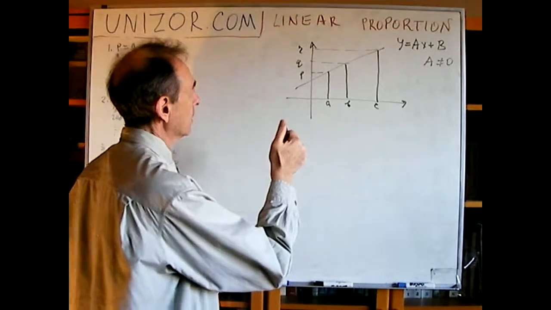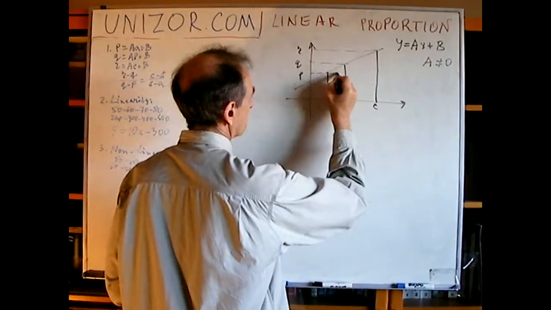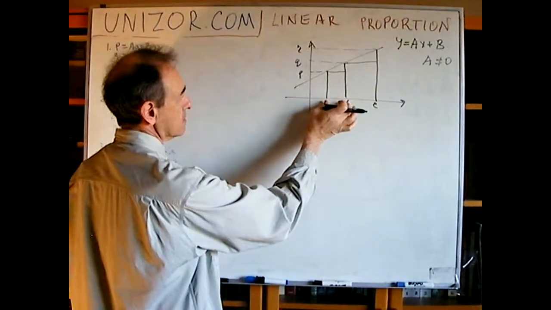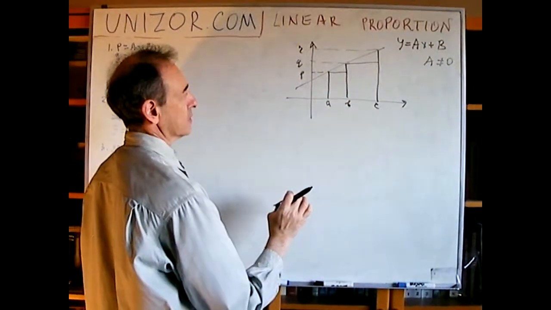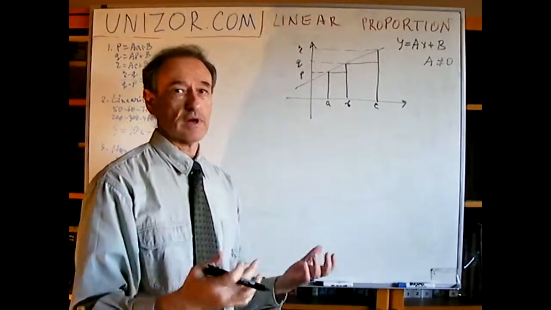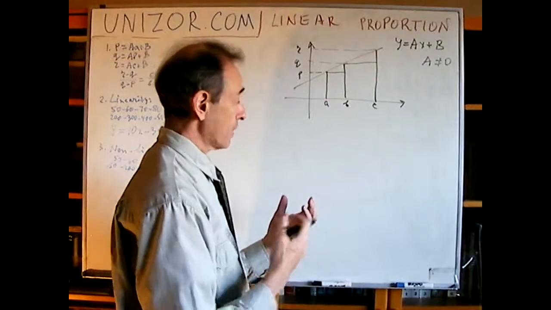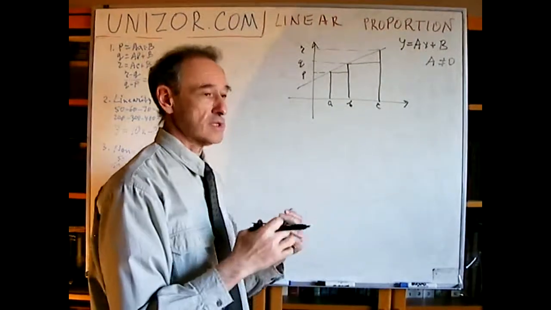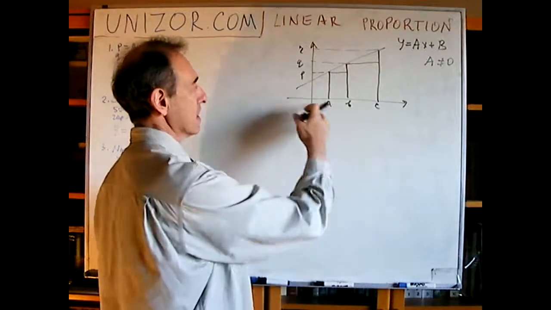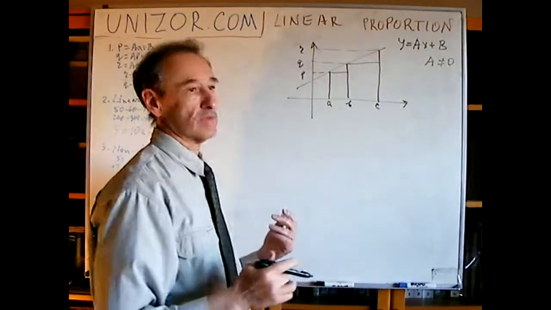Now, what I mean is that these are increments of argument. These are increments of the function value. So my point is that the ratio of increments is exactly the same, for the arguments and for the value of the function.